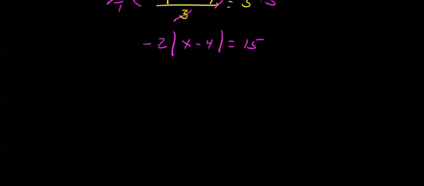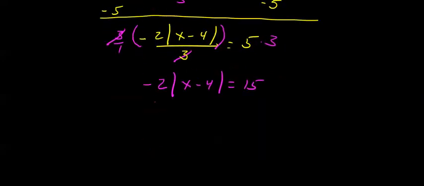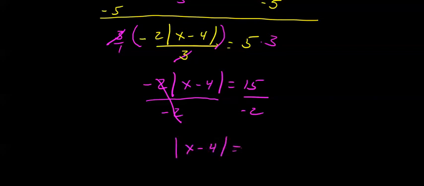I divide by negative 2, and the absolute value of x minus 4 equals negative 15 halves.